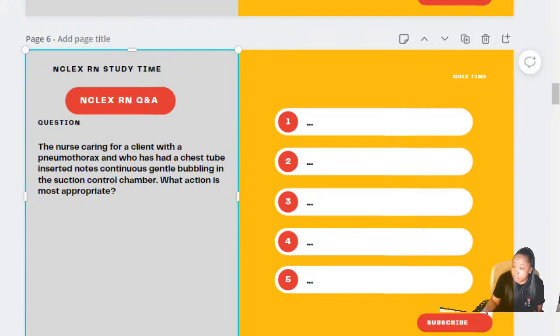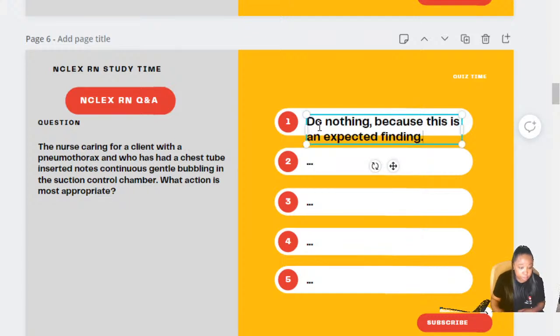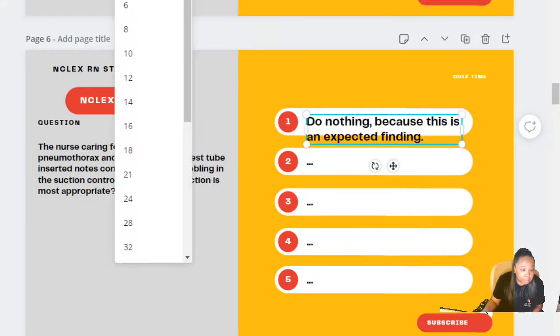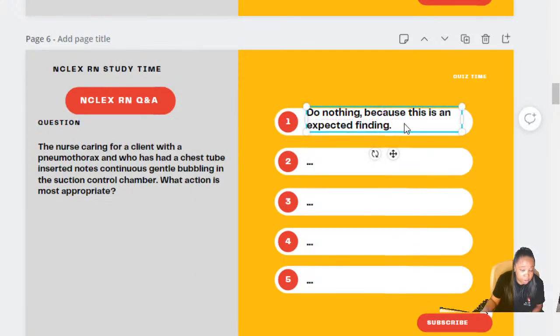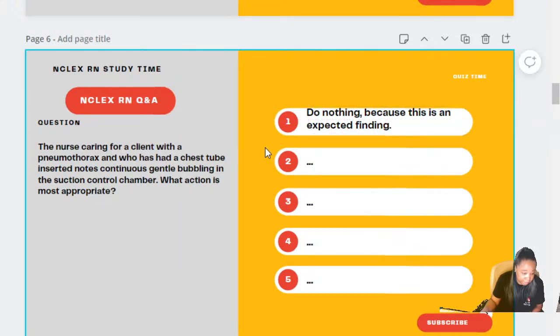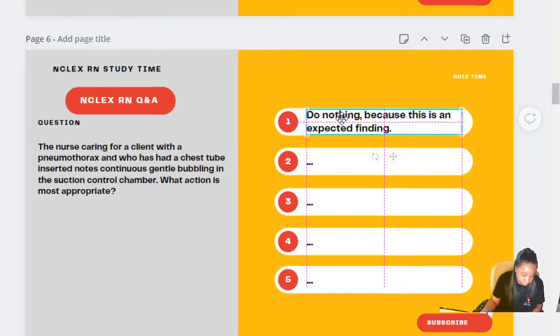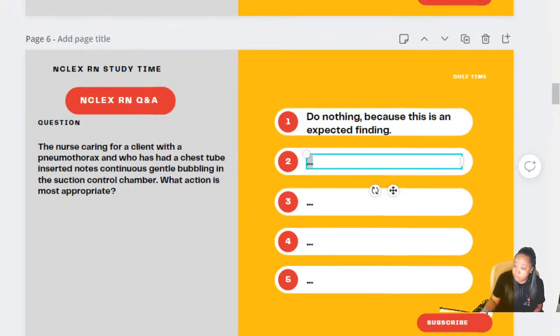The first one says, do nothing, because it is an expected finding. That's the first answer. The second one says, check for an air leak.